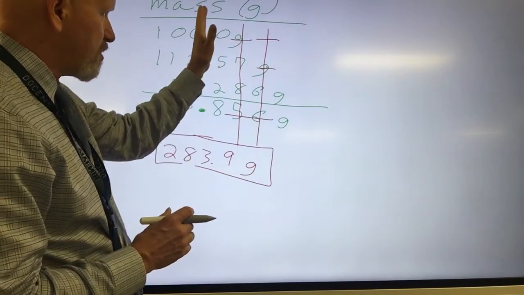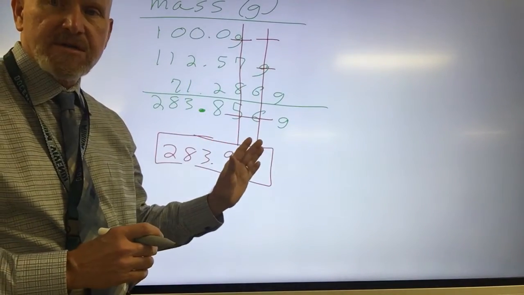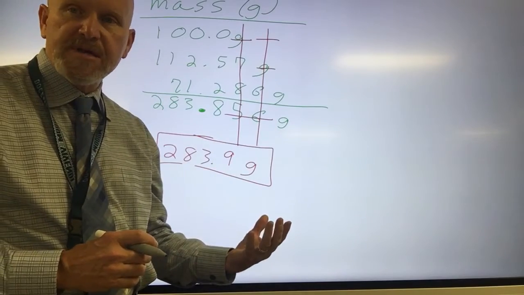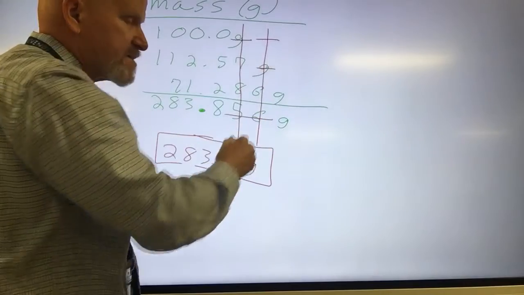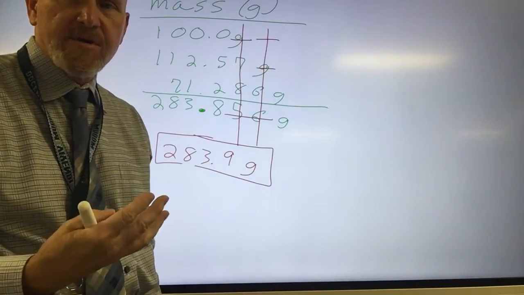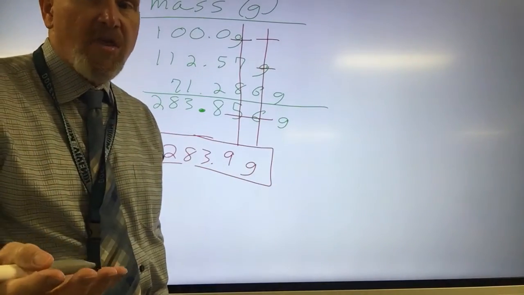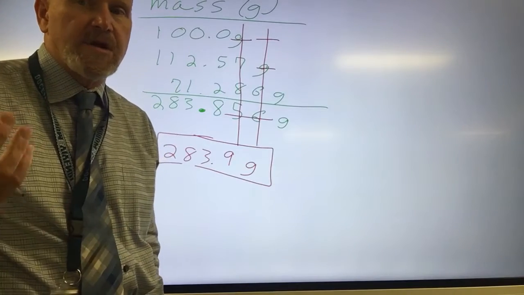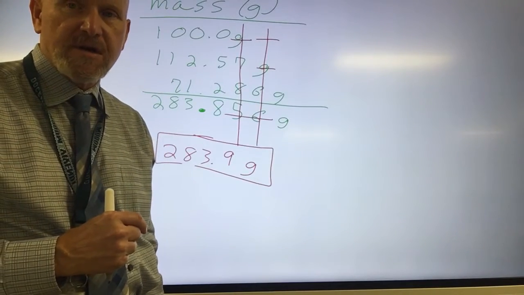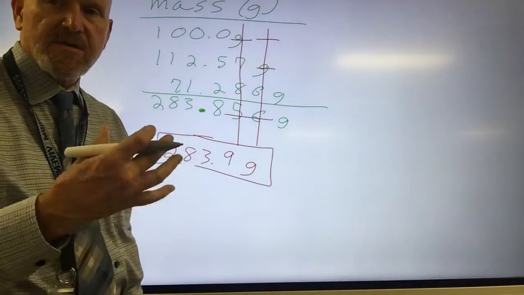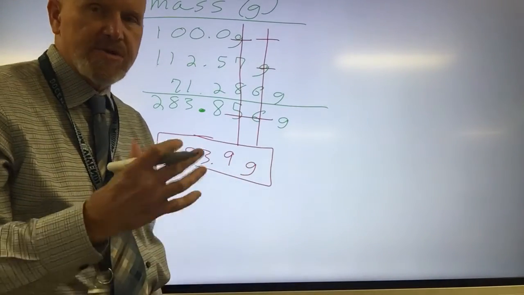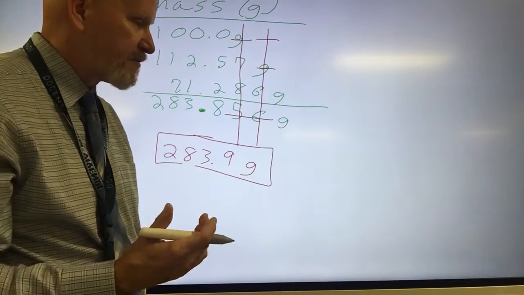So really important when you do addition and subtraction, line up the decimal place on all your numbers and ask, is there any spot in here where I'm trying to add numbers to nothing, to something that I don't really know what that is because there's no sig figs there? And that's where you have to start rounding off the numbers. That's also listed in your rules on that worksheet. I'm going to try to reshare that link. It didn't work out for everybody.